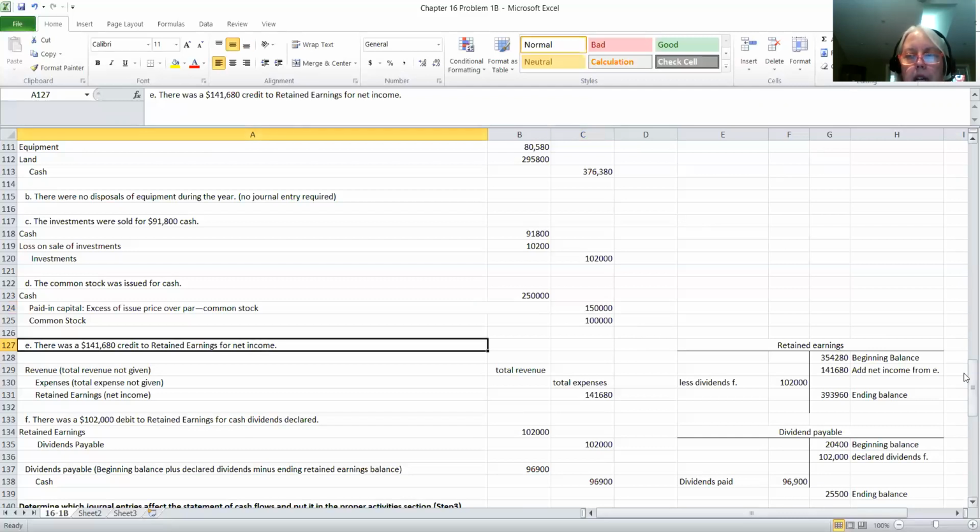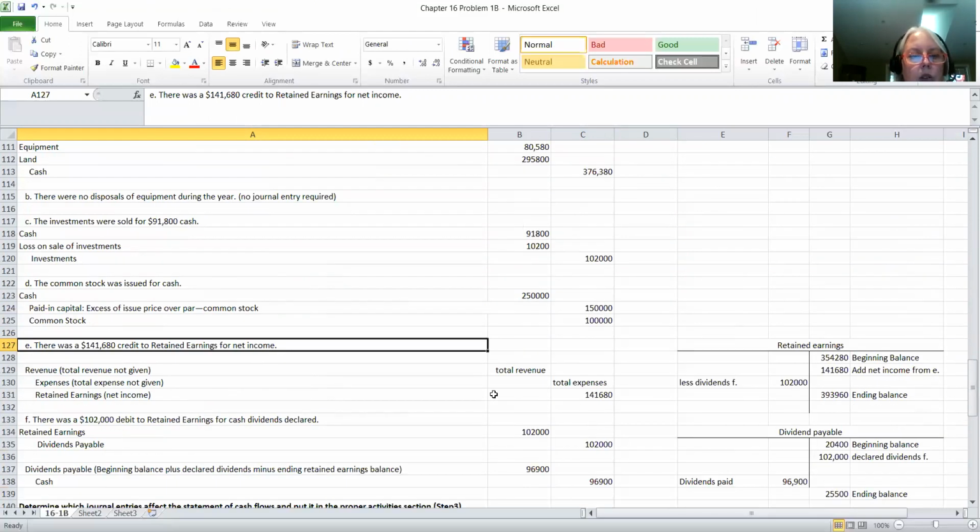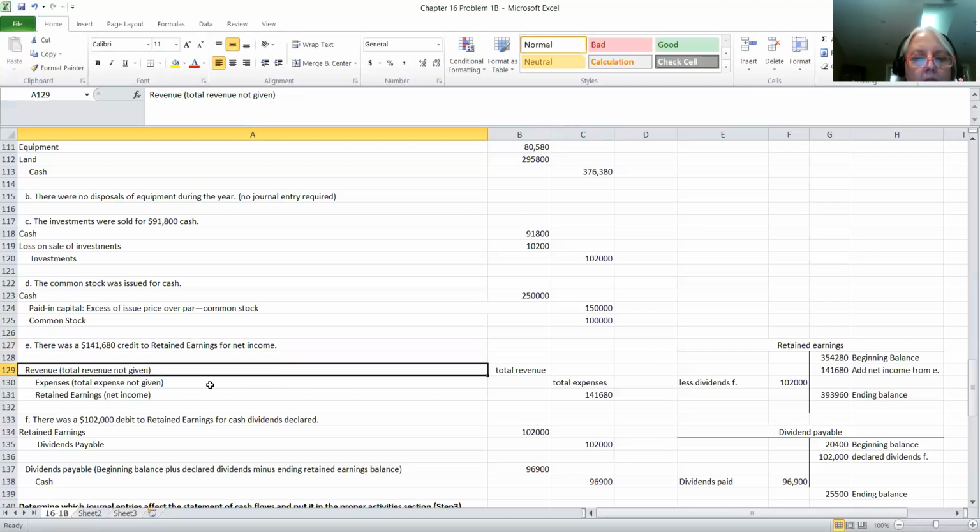In transaction E, in our additional information, it says that there was a $141,680 credit to the retained earnings for net income. What you have to know here is that net income is going to add to the retained earnings balance. We would have to prepare a closing entry, and unfortunately, they didn't give us all the information that we needed.